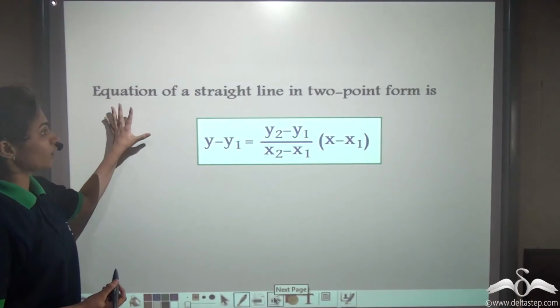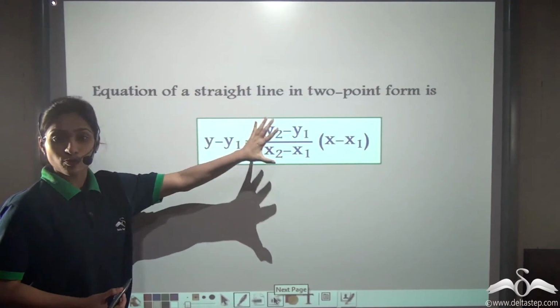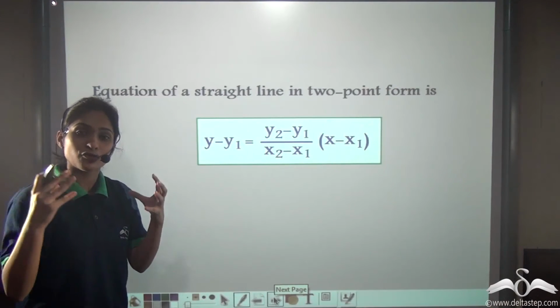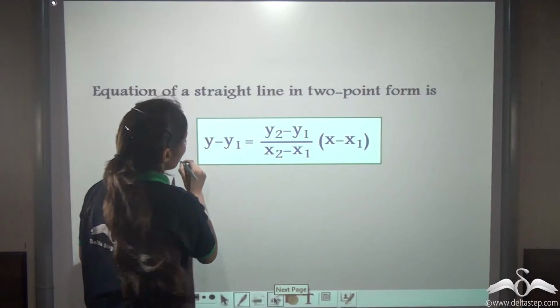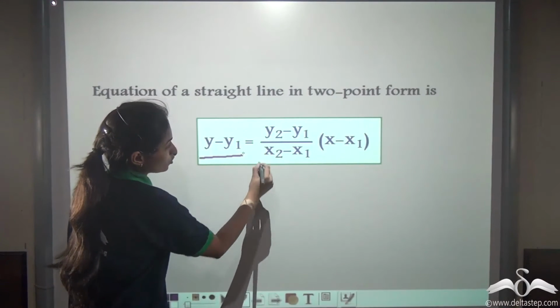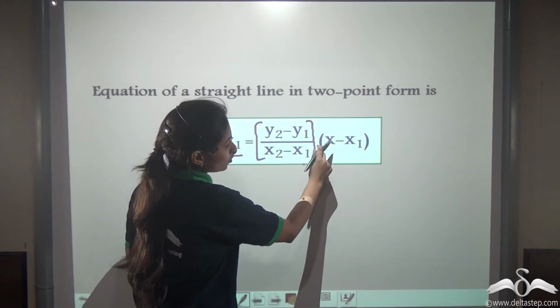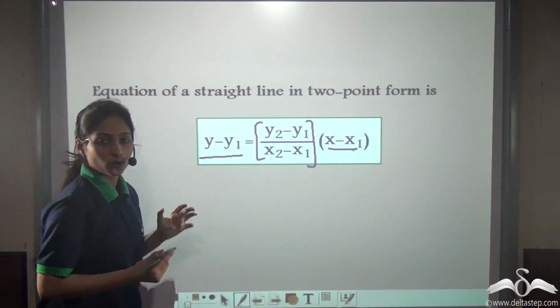So you can say the equation of a straight line in 2-point form, why 2 point? Because we have been given the coordinates of 2 points, is y minus y1 is equal to y2 minus y1 by x2 minus x1 into x minus x1. So what we will do?